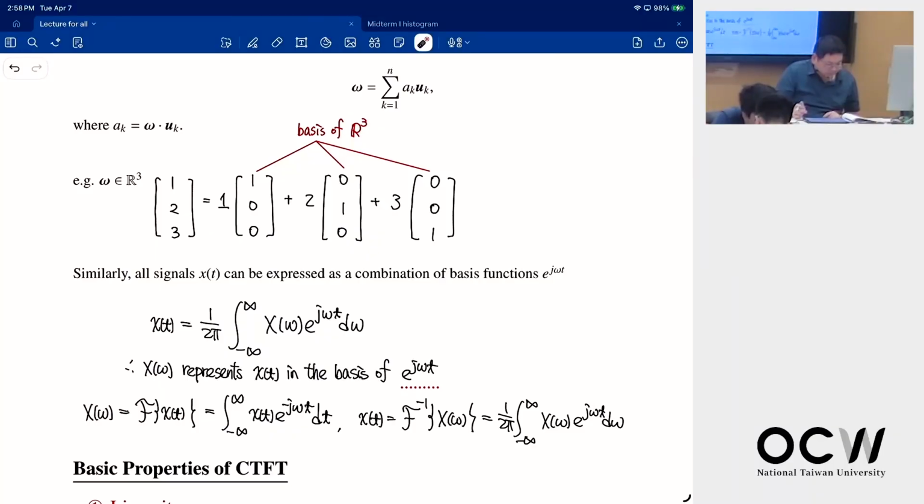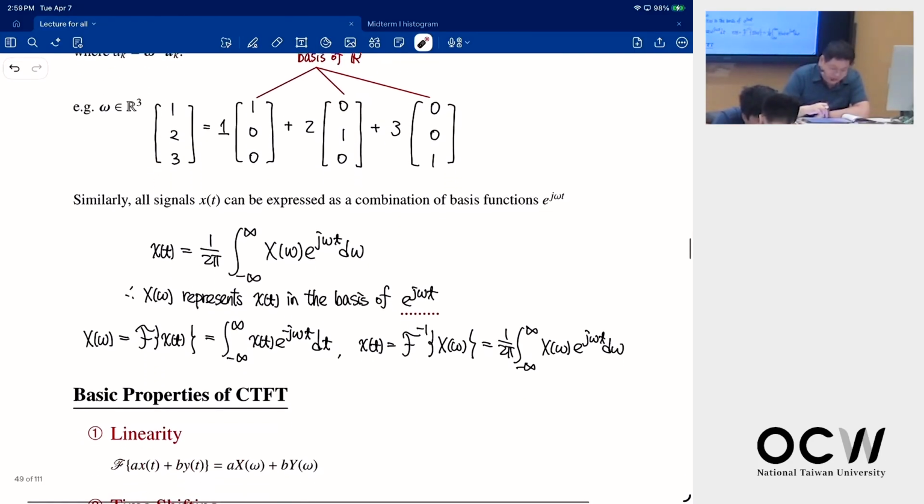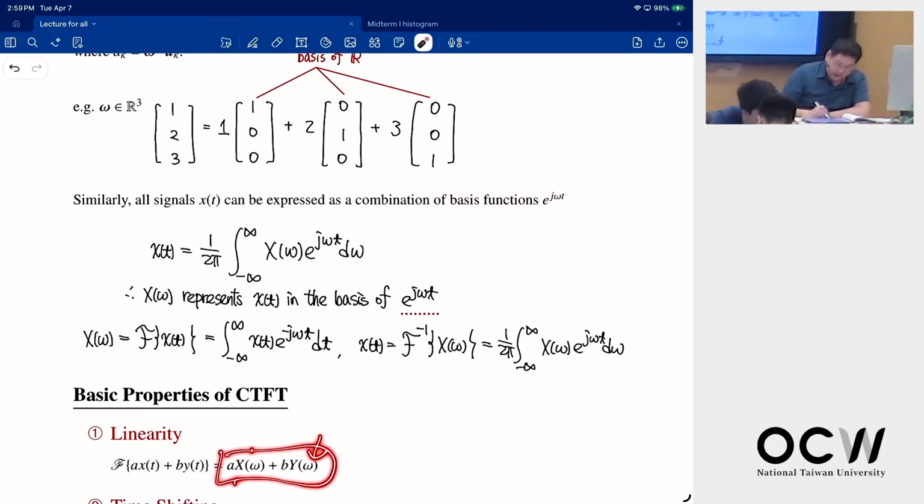Alright, now let's see some basic properties of the Fourier transform in continuous time. Here for linearity, if I take the Fourier transform of a linear combination, actually I can take the Fourier transform individually and do the linear combination.